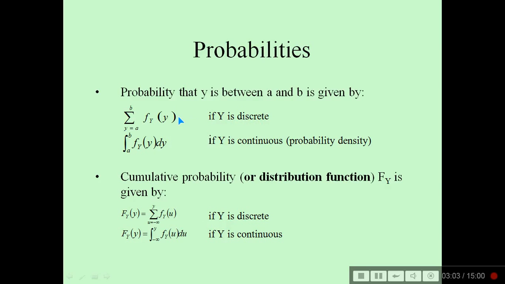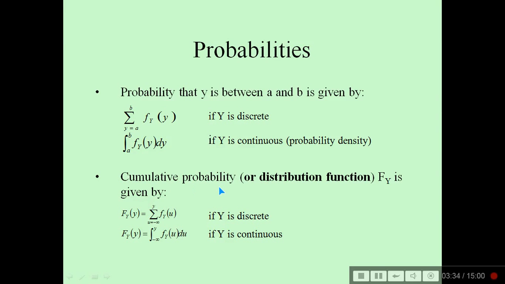If y is discrete, it will be sigma. We know that for adding discrete values we use sigma, for continuous values we use this sign, which we call integration. So for discrete values, we go from a to b and add this function. Again for y, when it is continuous, that is probability density, we integrate from a to b the same function with respect to dy.